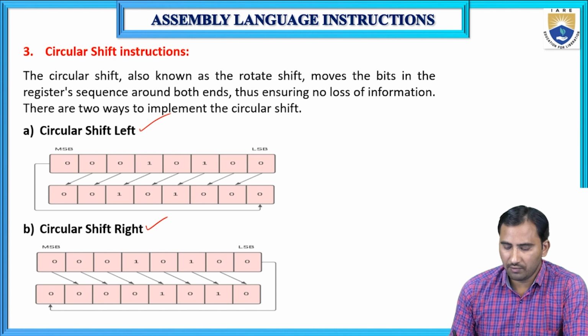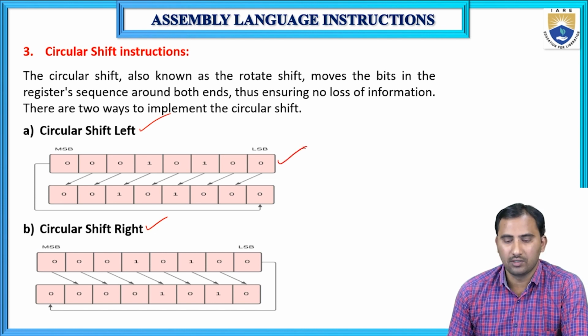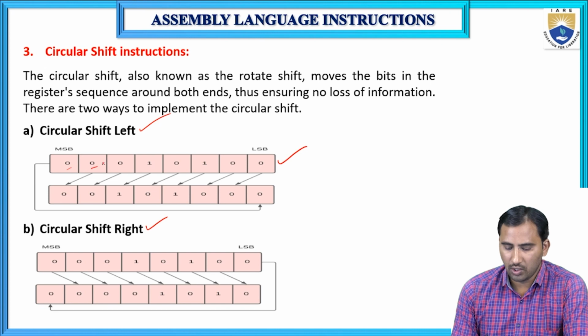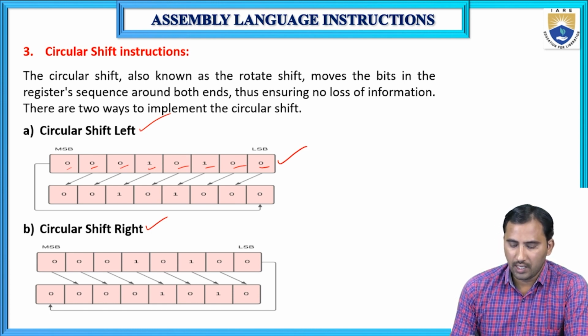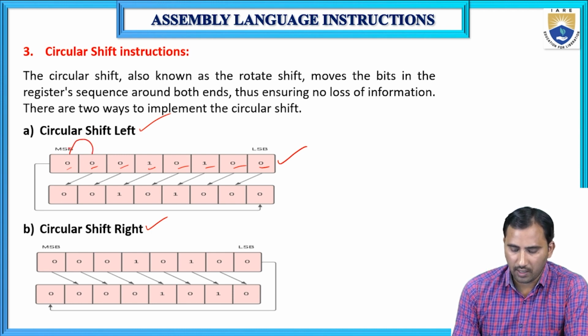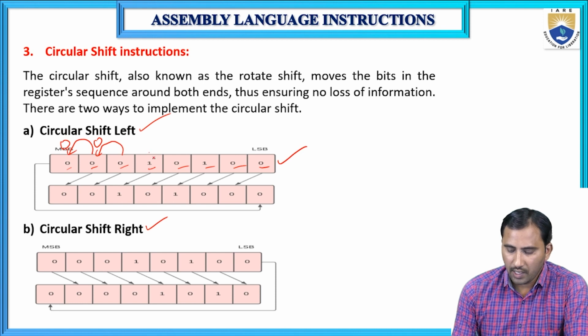Suppose this is a register, and it contains 0, 0, 0, 1, 0, 1, 0, 0. If you perform a circular shift left operation by one position, then this 0 will be copied to here, this 0 will be copied to here, here 1 is there, and this 1 will be copied to here.